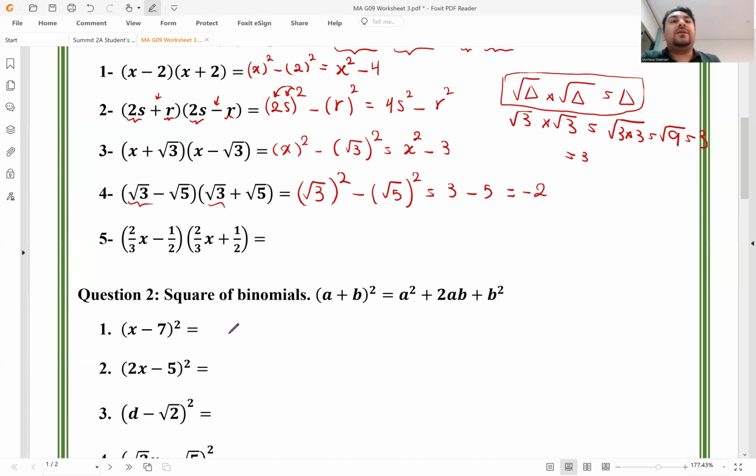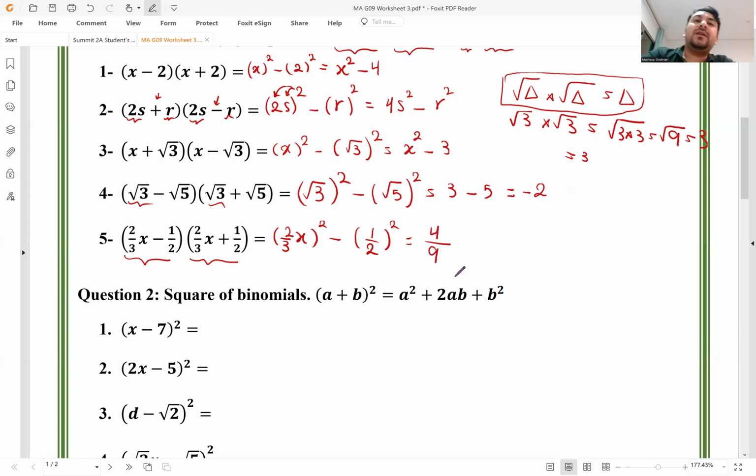Next question, 5. 2 over 3x minus 1 over 2 times 2 over 3x plus 1 over 2. As you see, the brackets are conjugate of each other. Therefore, the first term, 2 over 3x, powered by 2, minus the second term, 1 over 2 powered by 2. 2 over 3 powered by 2 is 4 over 9.